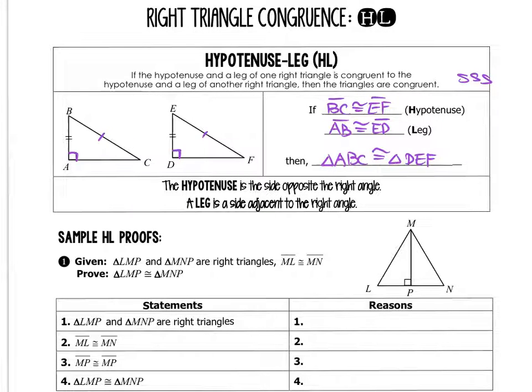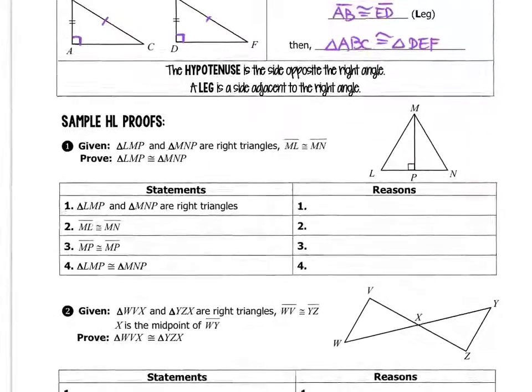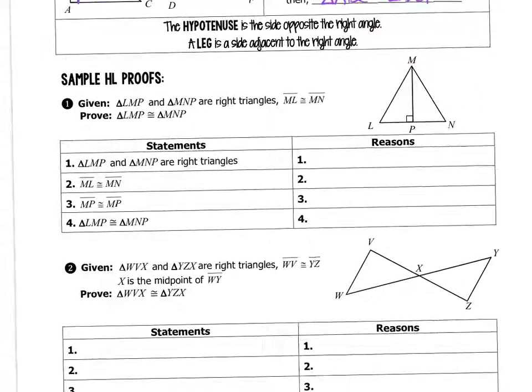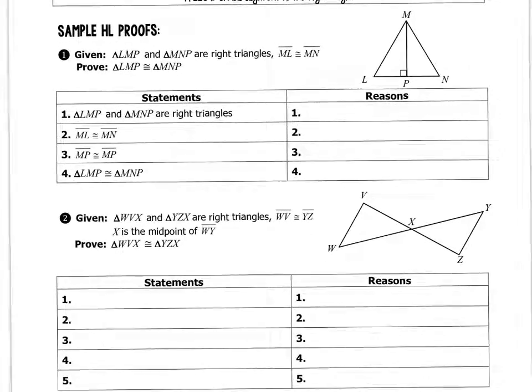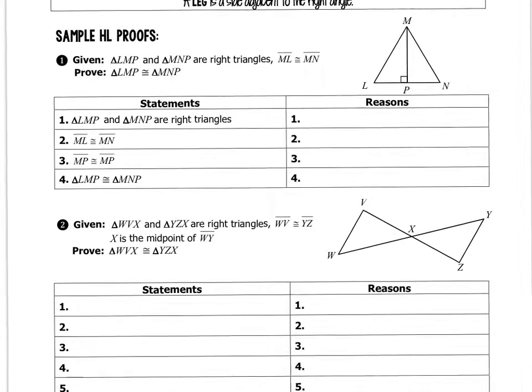So let's see, I'm going to move this sheet upwards. Here's an easy one. The two triangles are right triangles. So ML is congruent to MN, and we're asked to prove that the two triangles are congruent.